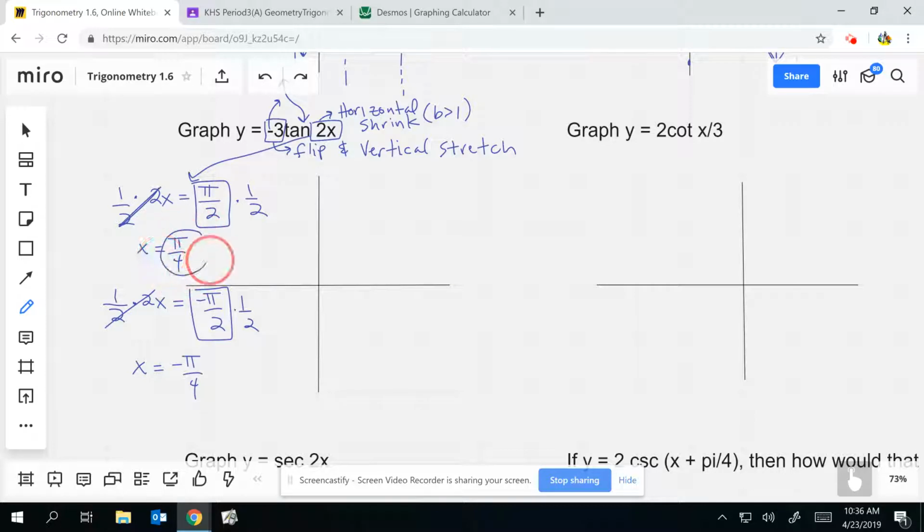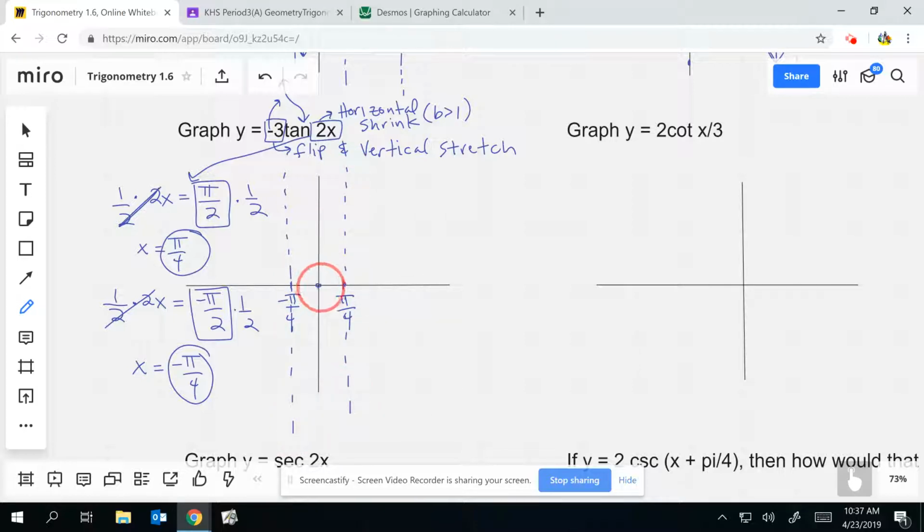That cannot be graphed. So when I take my problem here, pi/4 is really close, and -pi/4 is also really close, because it was a horizontal shrink. We already knew they were going to be close. So those are going to be the dotted lines. You just throw the dotted lines in there.